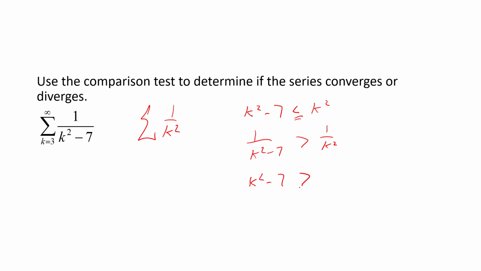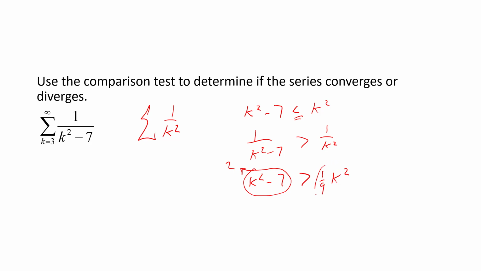So that way when I flip it, I get less than. And because this is starting at 3, when I plug in 3, 9 minus 7 is 2. And then over here, if I just have k squared, then I get 9, and I want the left to be bigger than that, so I just put in a factor of 1/9, because when I put in 3, I'm going to get 9.